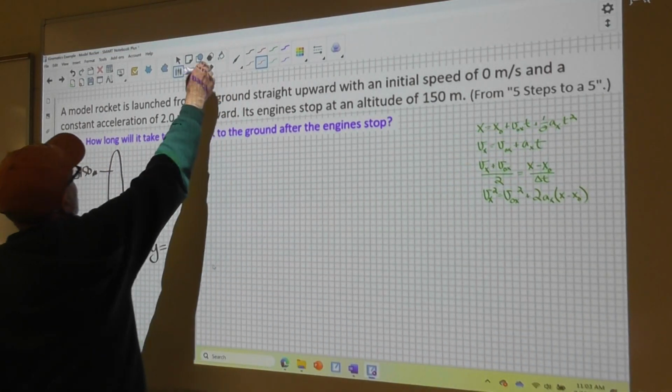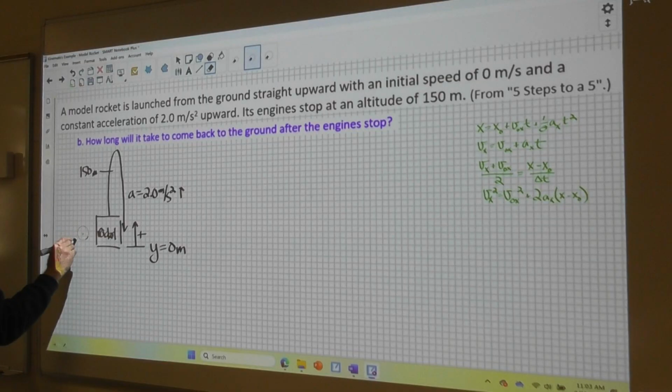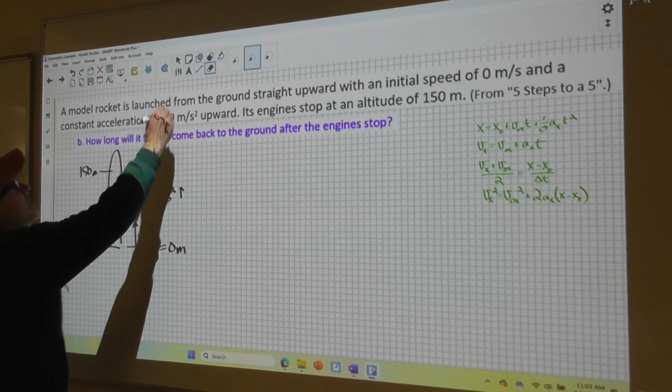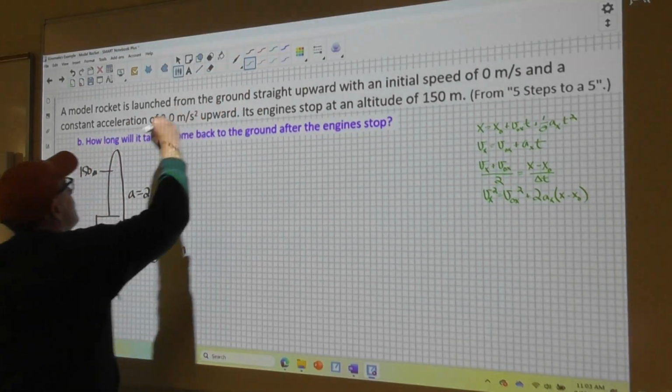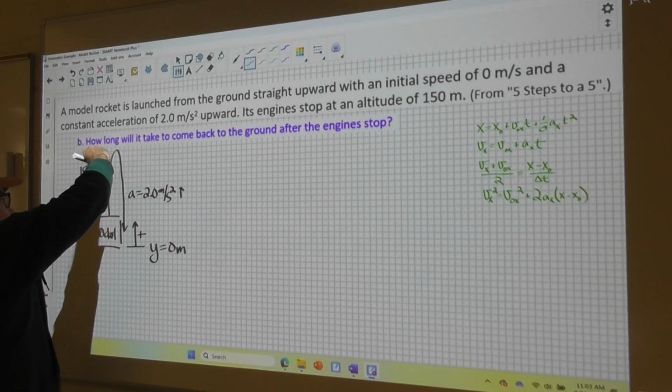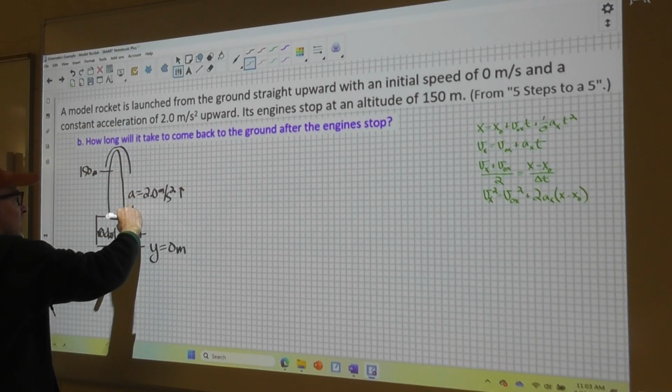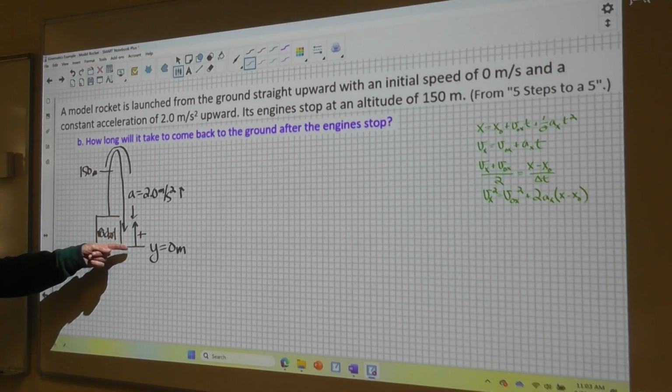We're no longer thinking about when it left the ground and when it got up to 150 meters. Instead, we want to know how long it's going to take to come back to the ground after the engines stop. That's this part of the time period. The part that starts here is going to keep going up for a while, then it's going to spin around and come back down, and eventually come back to the ground.